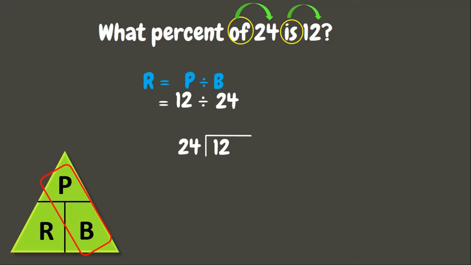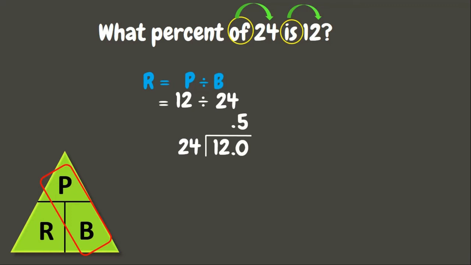Since we cannot divide 12 by 24, let's add 0.0. There. Now we have 120 divided by 24. Let's put first the decimal point in the quotient, in line with the decimal point in the dividend. Now 120 divided by 24 is 5.